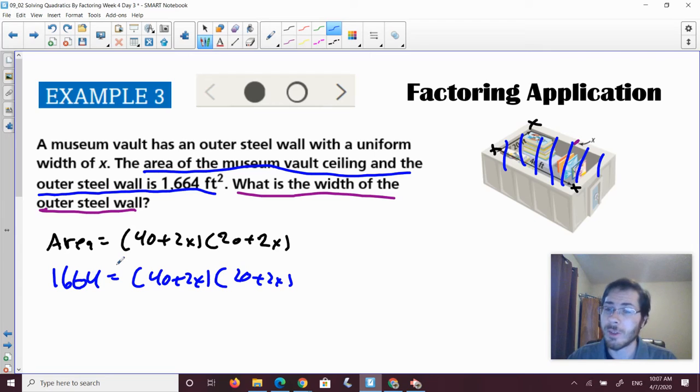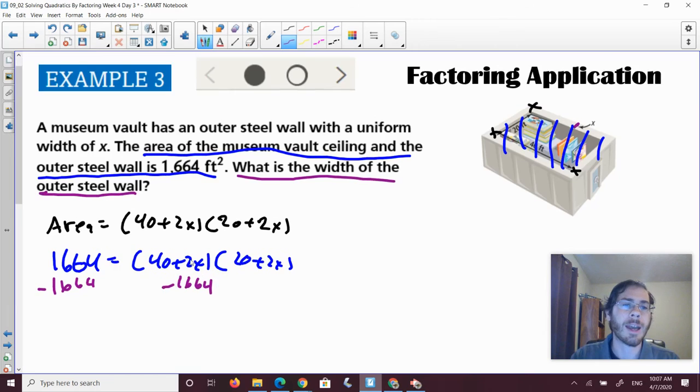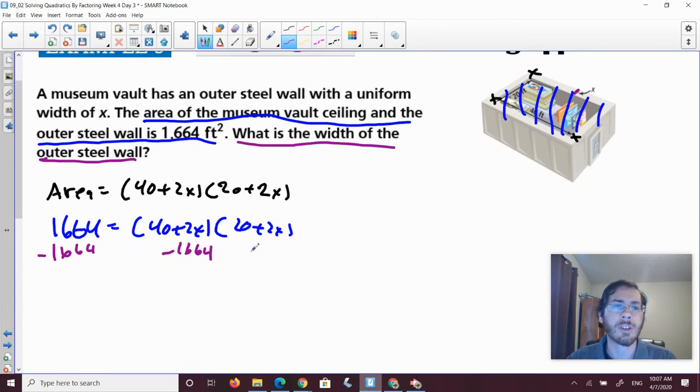So first step, make it equal to 0. So subtract 1664 from both sides. Now again, that doesn't really combine with anything because all those numbers are stuck in the parentheses. So we just end up with 0 equals 40 plus 2x times 20 plus 2x minus 1664.